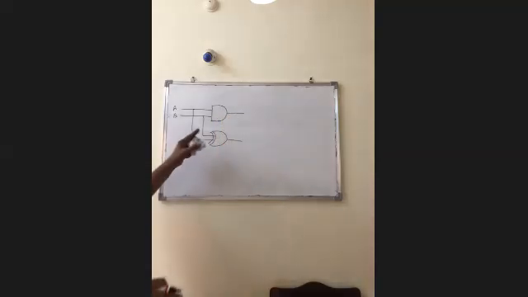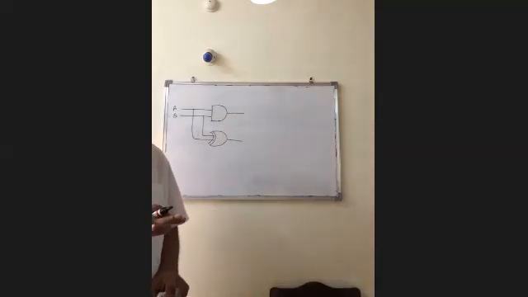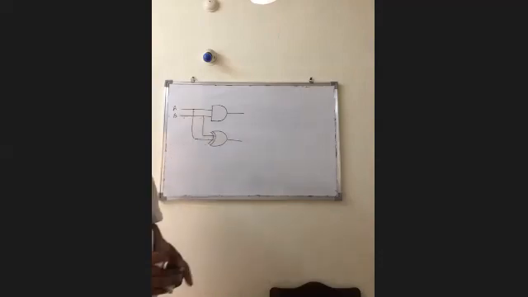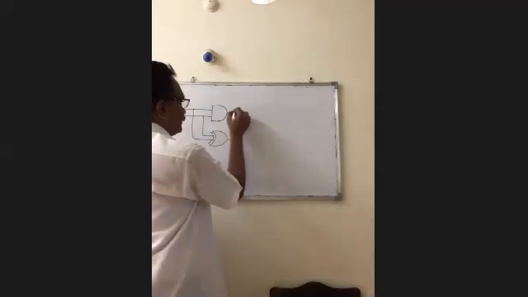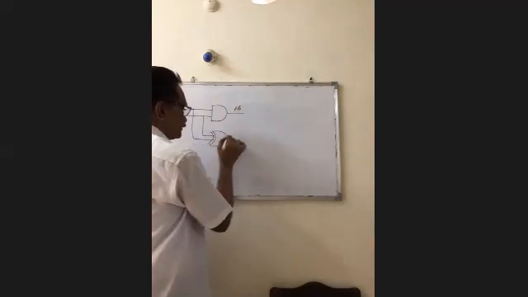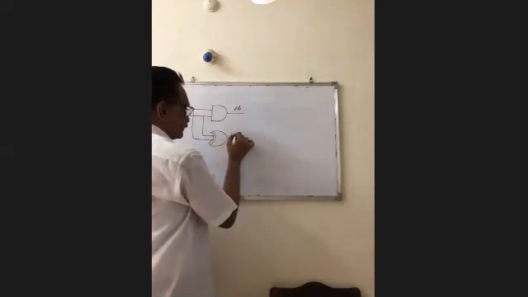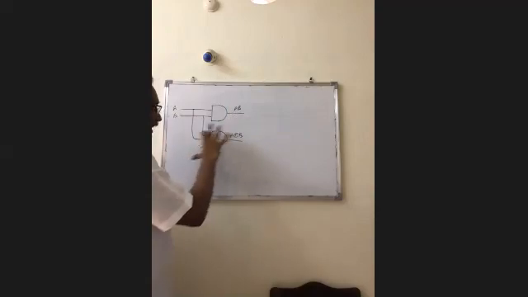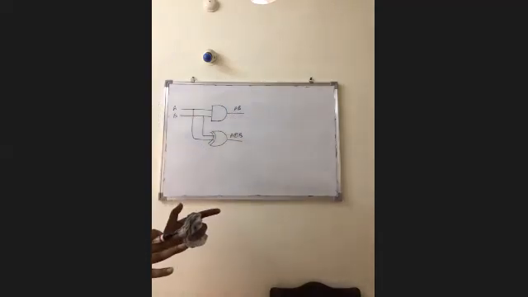This is the realization of one half adder by using gates. By using one AND gate and one exclusive OR gate, a half adder can be realized. What is the output of this one? AB. What is the output of this one? A exclusive OR B. So this is one block of half adder.